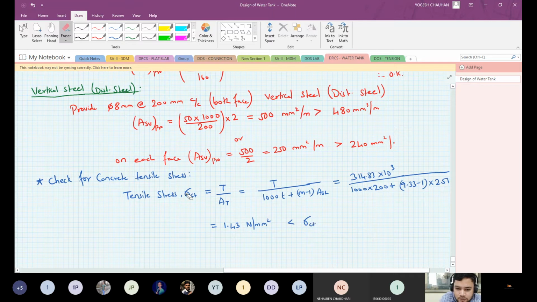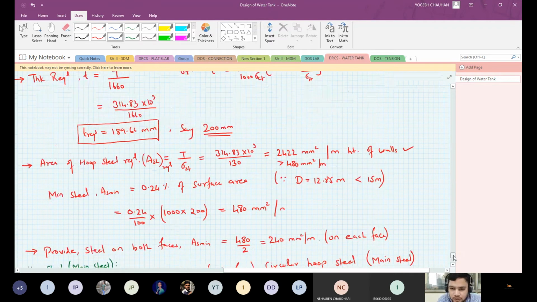and this is less than the permissible stress. This is the actual tensile stress, we call this as FCT, actual tensile stress, which is less than sigma CT, the permissible tensile stress, which is equal to 1.5 Newton per mm square. This check becomes very important when you use the empirical formula.